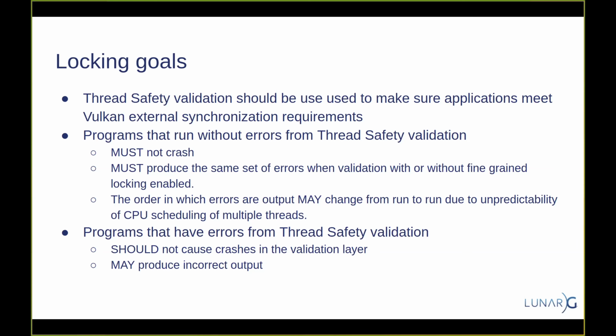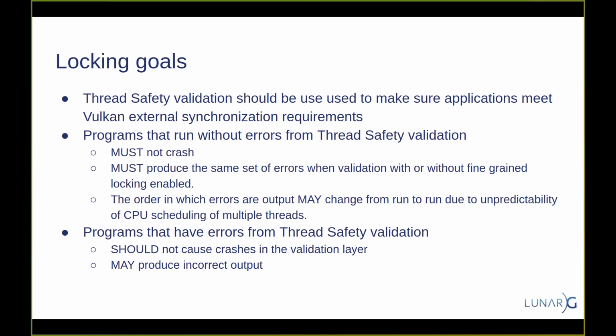They'll produce the same set of errors when validation is run, both with and without fine-grained locking. But the order of the errors can change from run to run, and this can be seen even in some of the CTS cases, the conformance cases that use multiple threads. The order will shift around just from run to run because of how the threads get scheduled. And that's not a problem that can really be fixed.